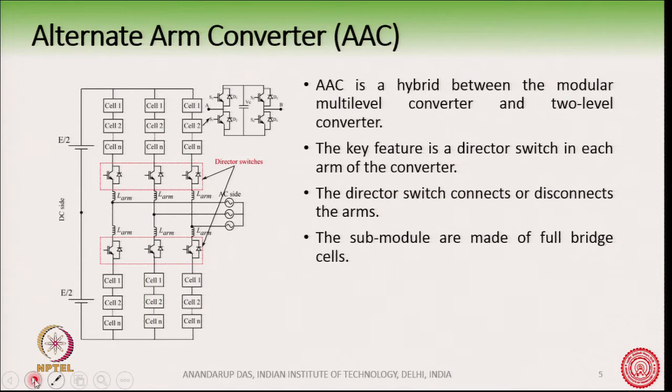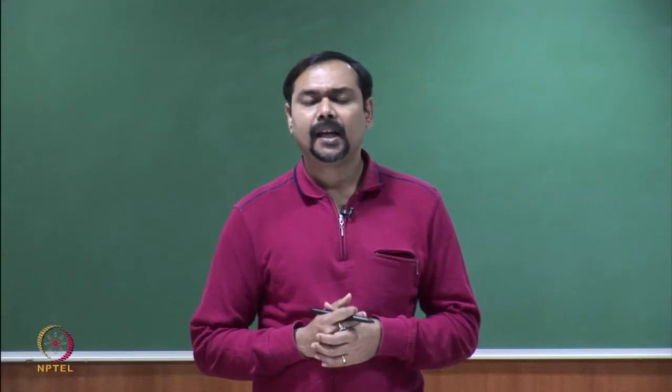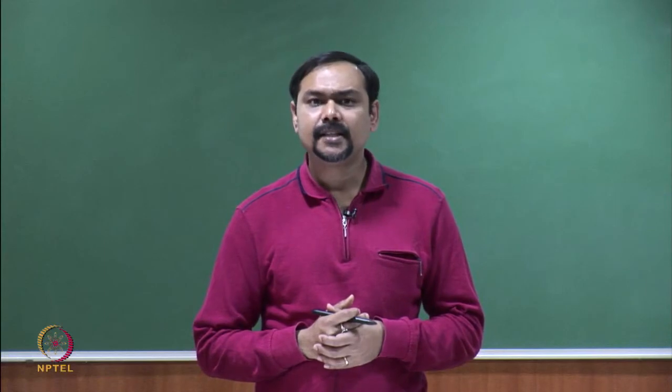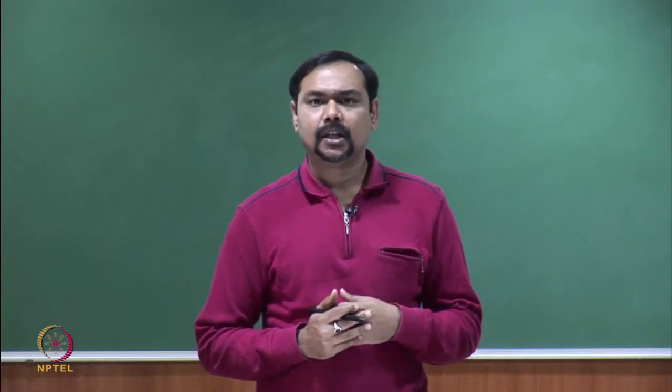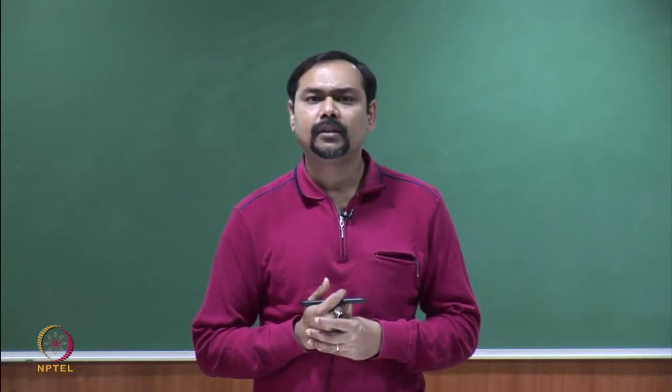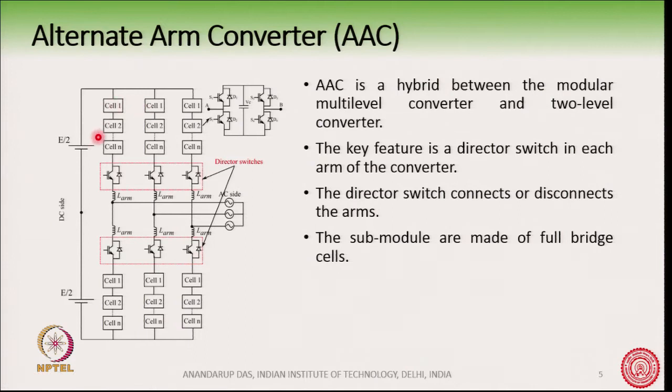The alternate arm converter has been proposed more recently, after the MMC, and it is a hybrid topology between the MMC and a 2 level converter. As you can see here, this topology has a very similar structure to the MMC. You can see there are a lot of cells and there is an arm inductance.